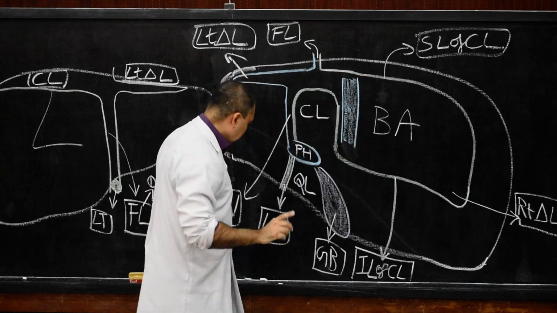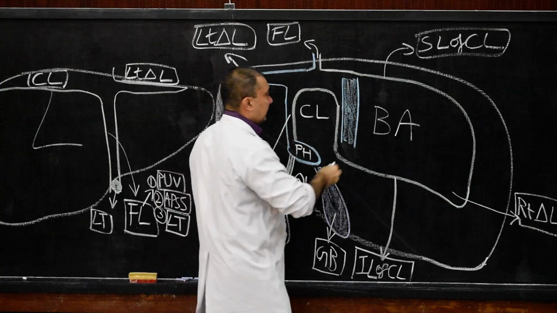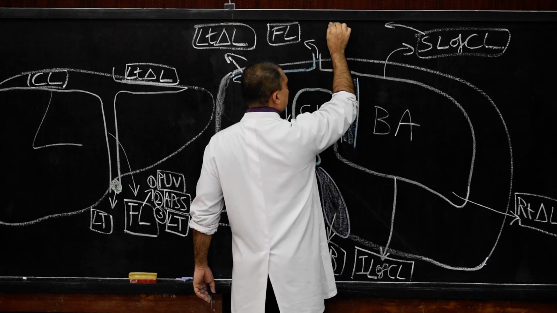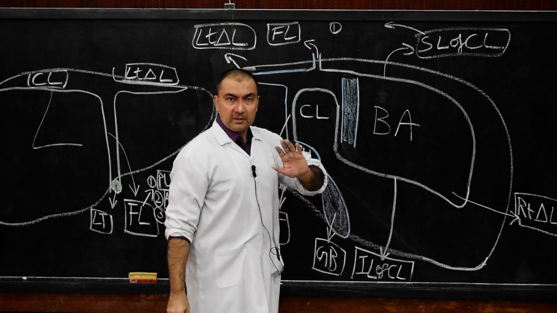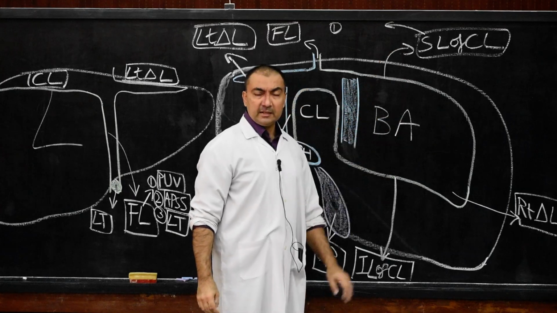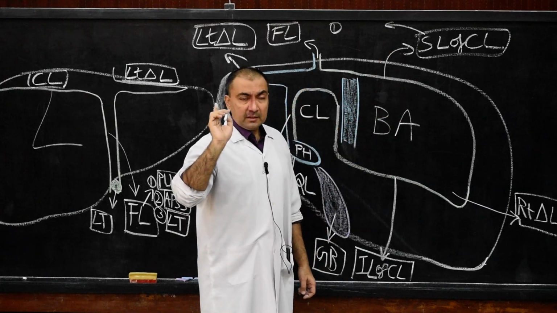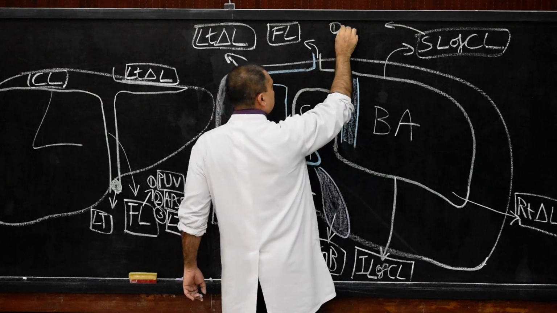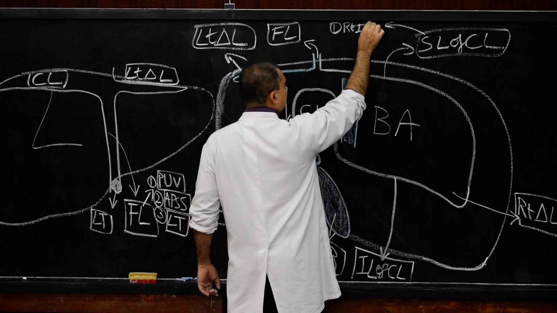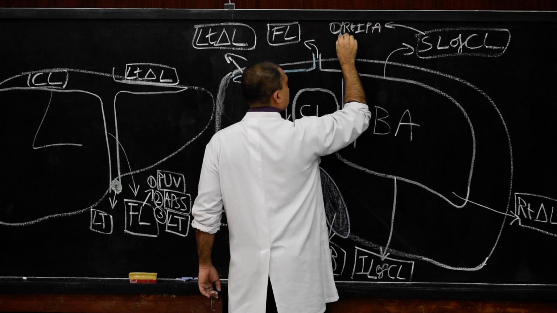Now contents. For the contents of coronary ligament, I am going to mention the contents over here. In the coronary ligament, what are the contents? Content number 1, there will be the right inferior phrenic artery.